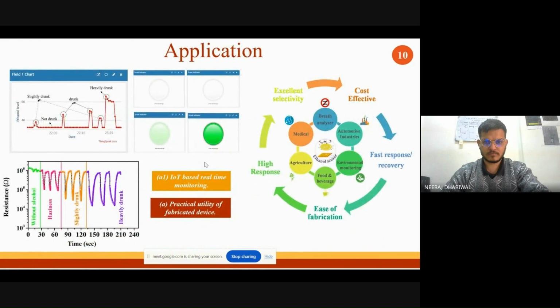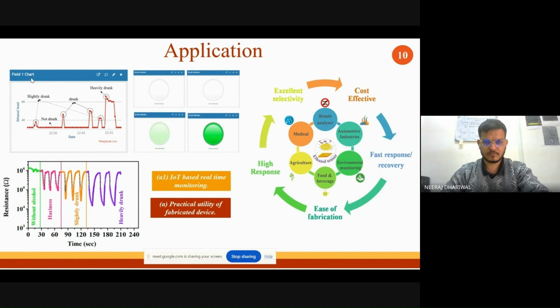Coming to the application part, as the main objective of our research is the application, or fabrication of a device. The application was confirmed by the Delhi Traffic Police; we had a collaboration with them. We tested a person drunk with a slight alcohol content and a heavily drunk person, so we got different readings.